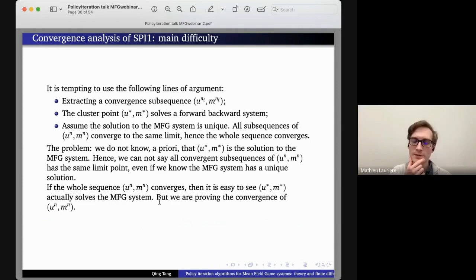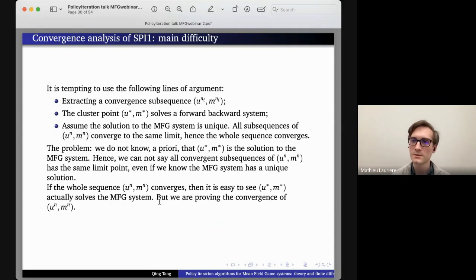So there's a chicken and egg problem. Could it be, for example, that the sequence keeps alternating between two solutions, and when you extract a subsequence, it converges, but it's actually not the solution of the mean field game system because it is solving based on the previous iterate, which is not the same as the current one?